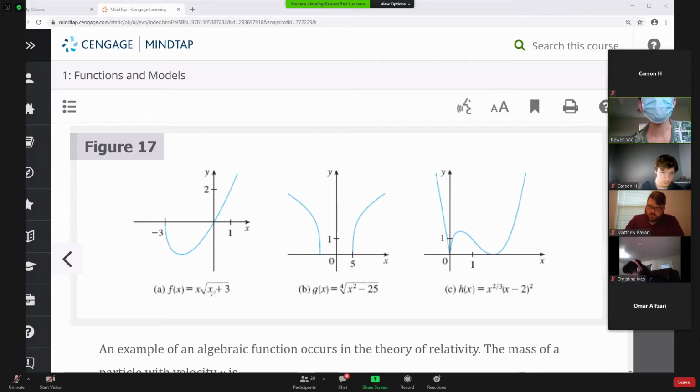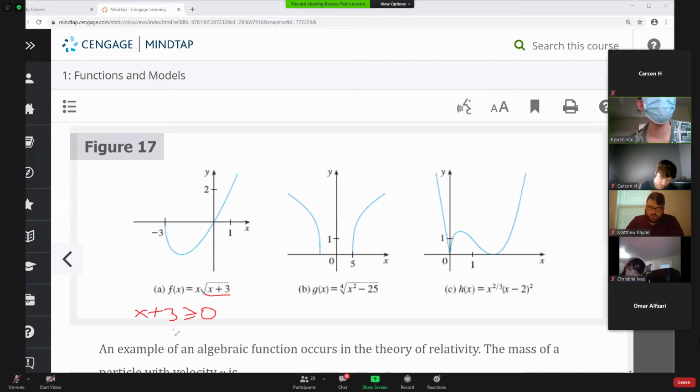x is fine. You have to take a look at the inside of the square root. So x plus 3 should be non-negative, it cannot be less than 0. So x plus 3 should be larger than or equal to 0. Now solve this inequality, minus 3 on either side.